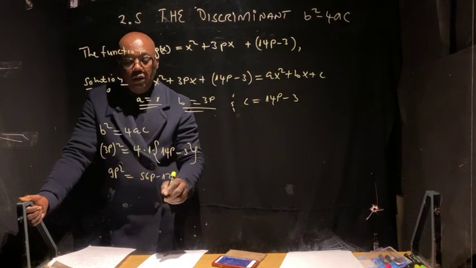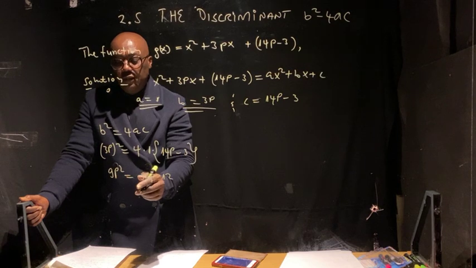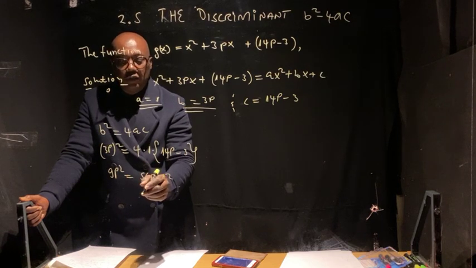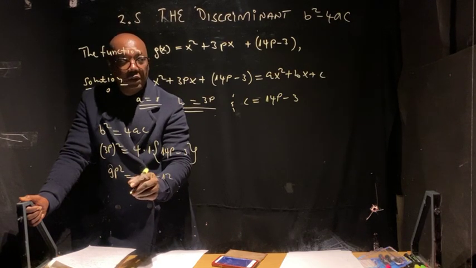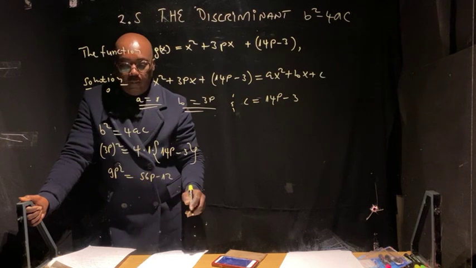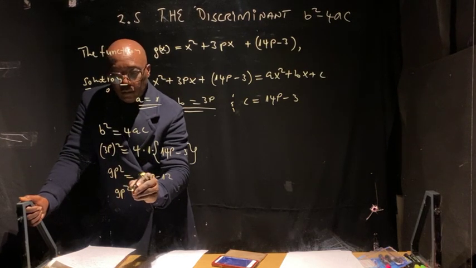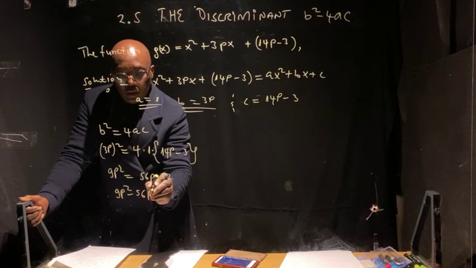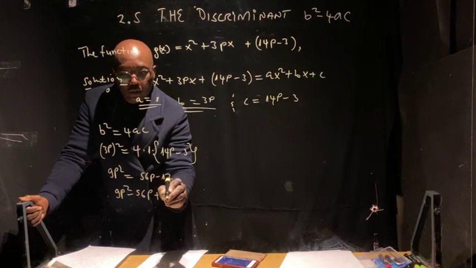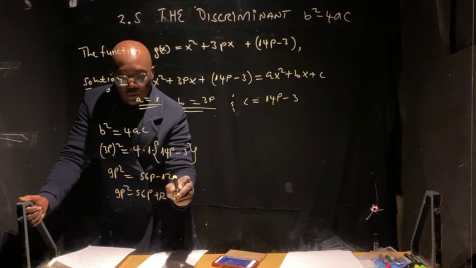Very good. So it becomes a quadratic equation in p, of the form 9p squared minus 56p plus 12 equals 0.